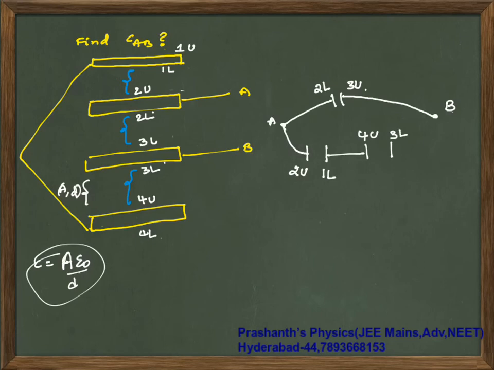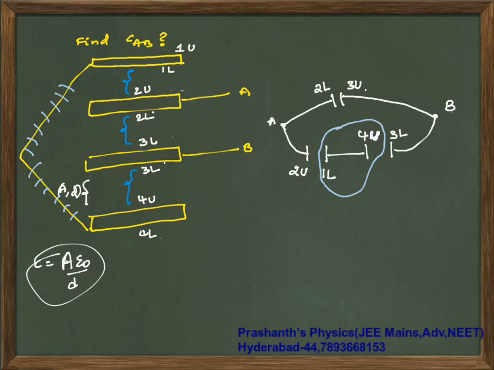Your 4 upper will form a capacitor with 3 lower. If you observe carefully, the colored wire will keep plate 1 and plate 4 at the same potential, which is why I am connecting them.